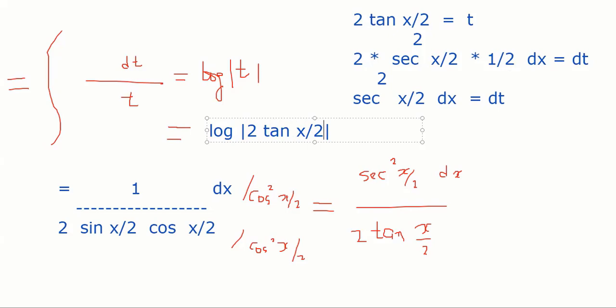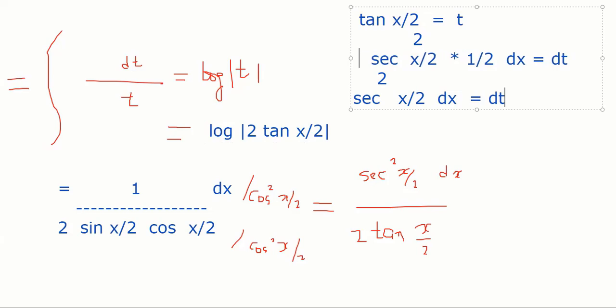Or you can take tan x by 2 also t. Actually, point is that, it is just integration of cosec x is log of, अगर यहाँ पे मैं 2 नहीं लेता, then also become very easy. If I have taken this tan x by 2, because I want to make it more simpler, tan x by 2 equal to t. ये 2 को भूल जाओ अभी for a moment, because that is become more easy. tan x का होता है secant square x into half.